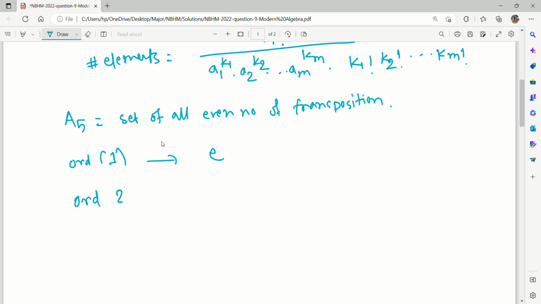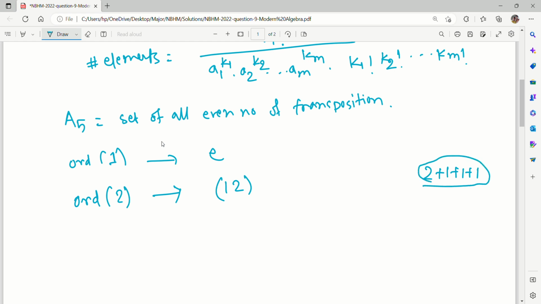How many elements of order 2 are there in A5? We cannot take a single transposition, this cycle type.